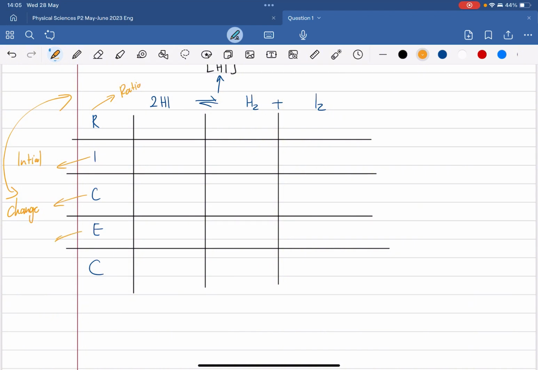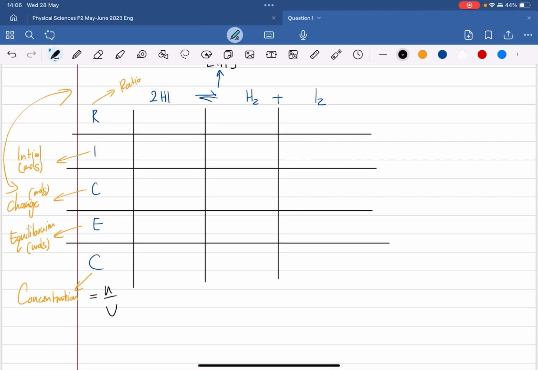The E stands for equilibrium, so this is the number of moles at equilibrium. And then C stands for concentration, and you remember concentration is number of moles divided by volume.